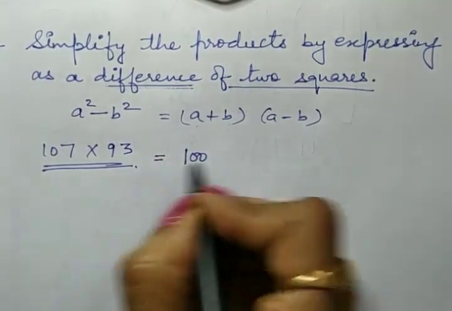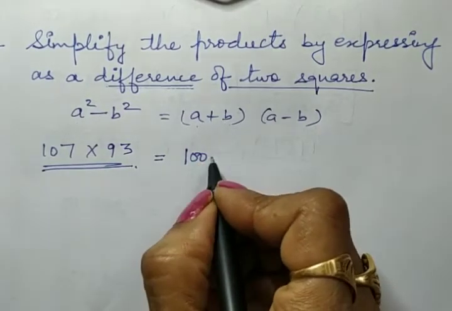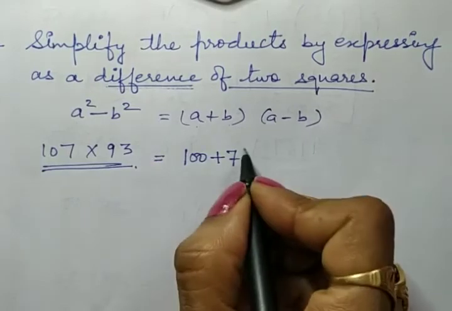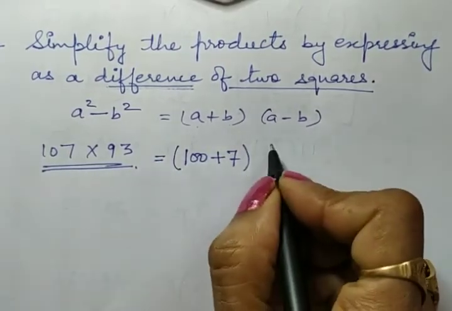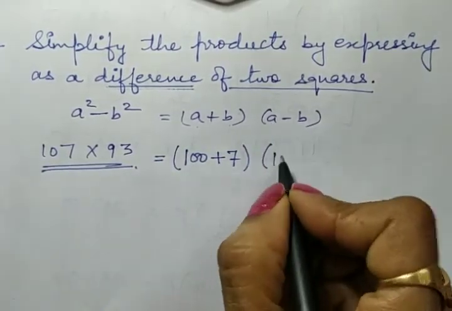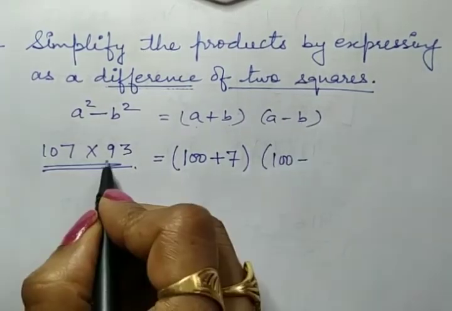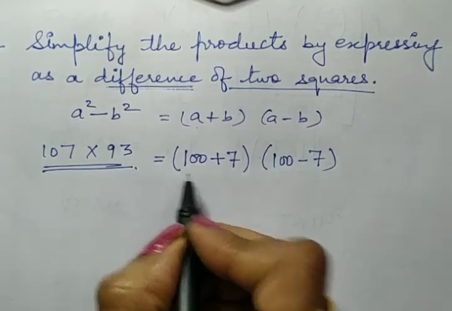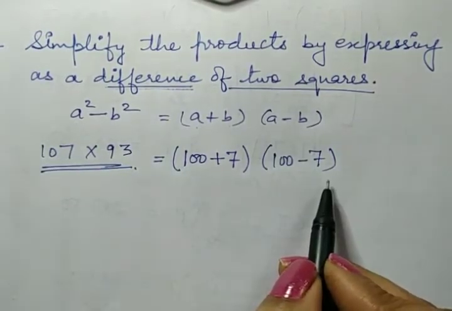At the place of b we can write it as 7, that is 107, multiplied by a, that is 100, minus 7, that is 93. So the condition is fulfilled.